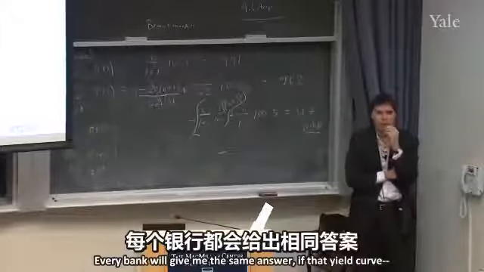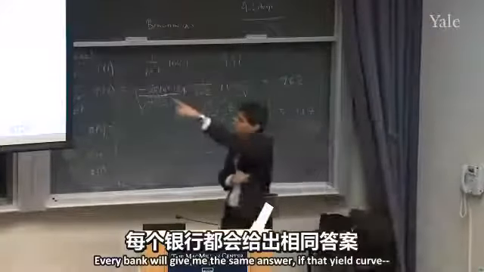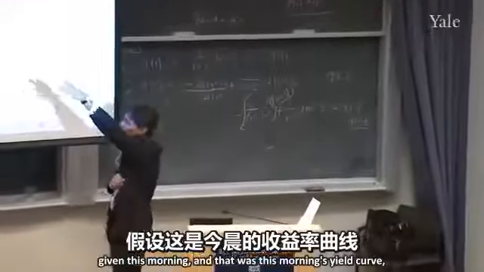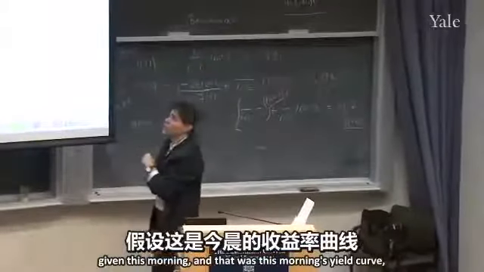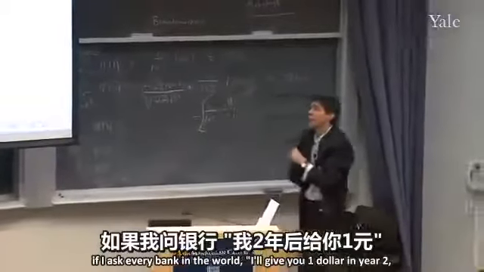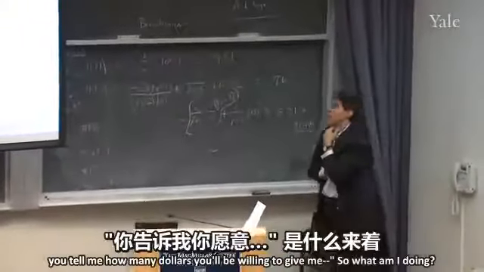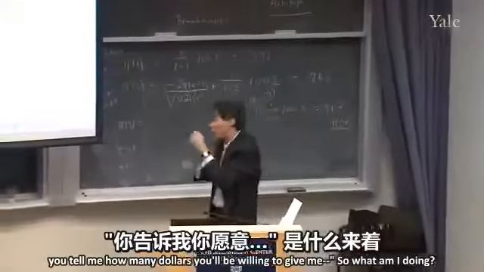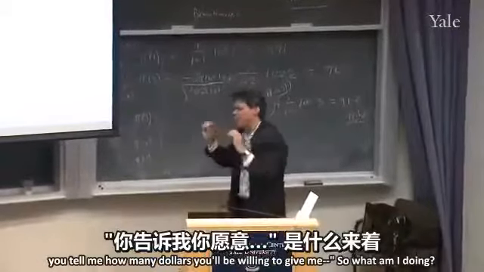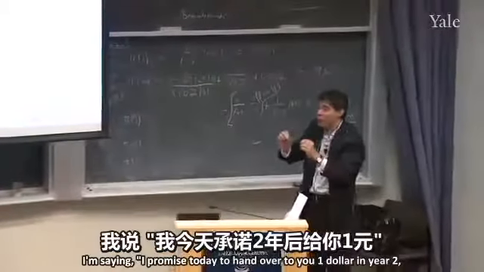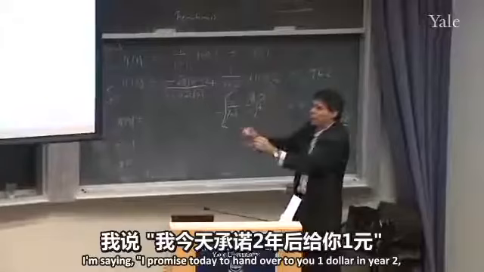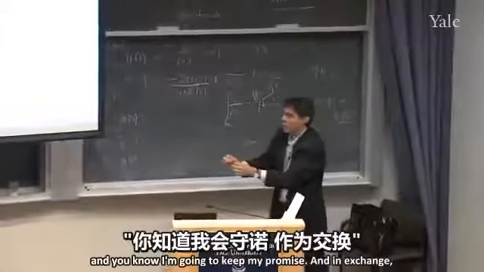Every bank will give me the same answer, given this morning's yield curve. If I ask every bank in the world, I'll give you $1 in year 2, you tell me how many dollars you'd be willing to give me. So what am I doing? I'm saying, I promise today to hand over to you $1 in year 2, and I'm going to keep my promise.